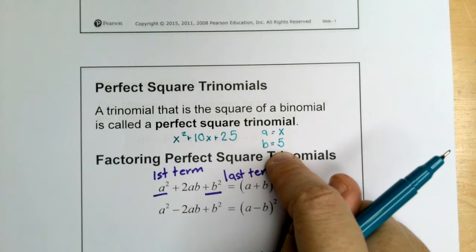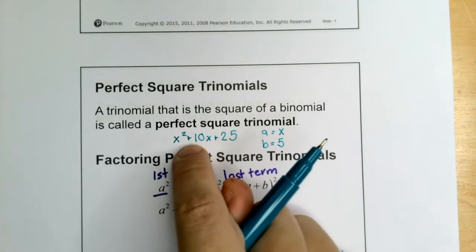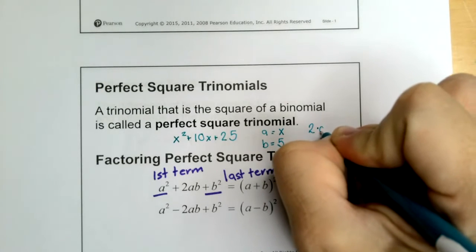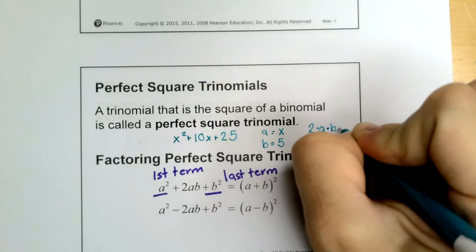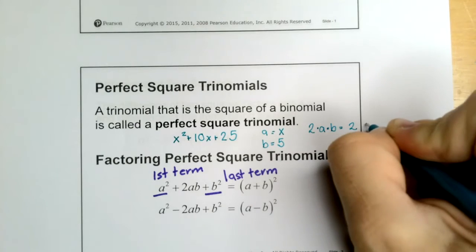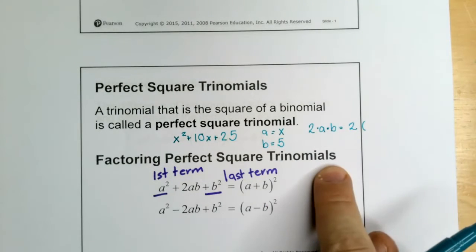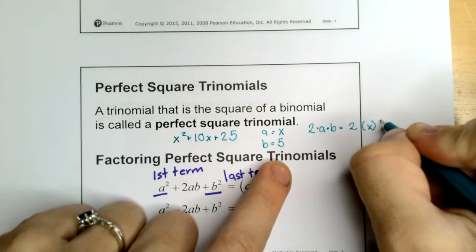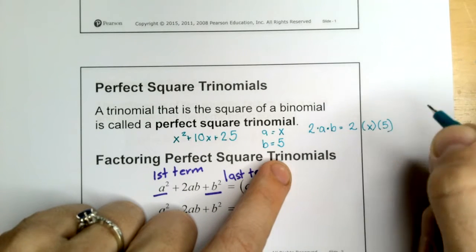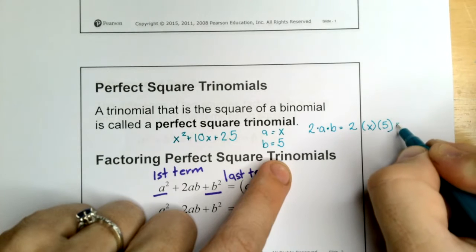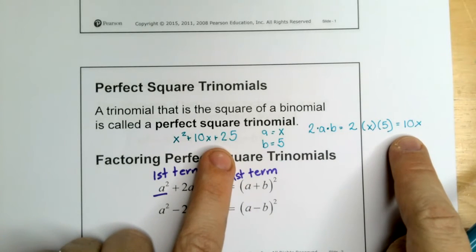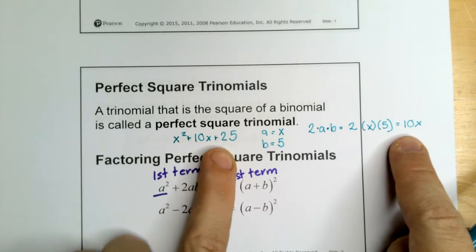My middle term must then be, because it's a plus, 2 times a times b. So if this is a perfect square trinomial, we need to say 2 times x times 5. 2 times 5 is 10x. So it is a perfect square trinomial, okay?